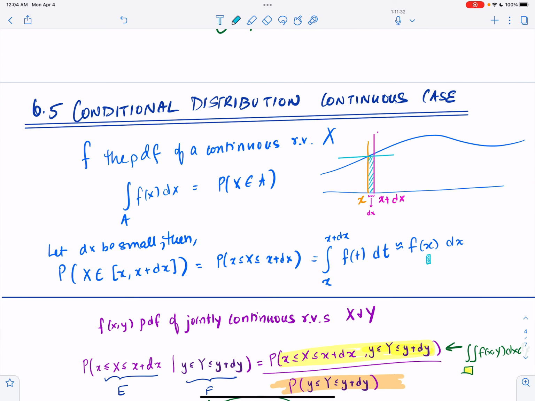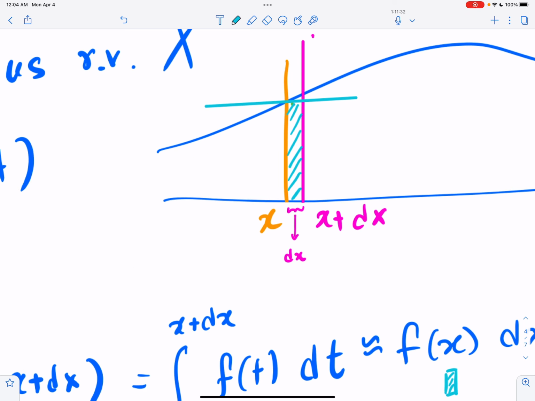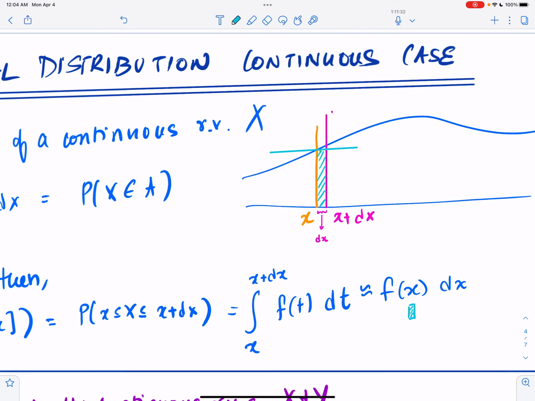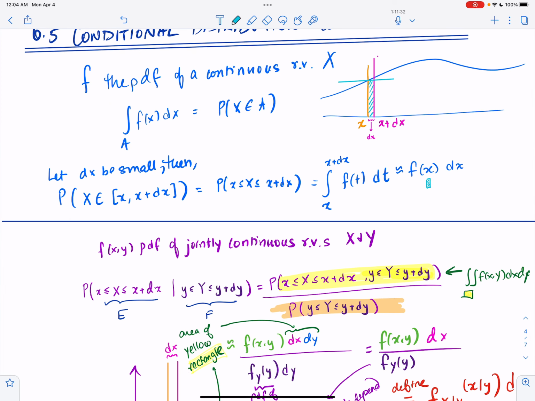Okay, and that's true, of course, if dx is small, the area under the curve is going to be very close to the area of this rectangle. And this expression, when dx is small, gives you f of x times dx approximately.